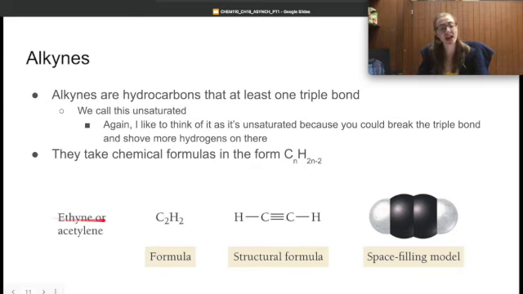And ethyne has that YNE ending. If you check out the structure, you can see that you have a triple bond right in the center between those 2 carbons. Again, when we're talking about alkenes and alkynes, it takes at least 2 carbons to make their smallest structural formula because we have to be able to see that triple bond there. And here's the space filling model for your enjoyment.